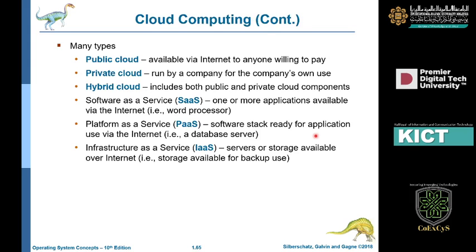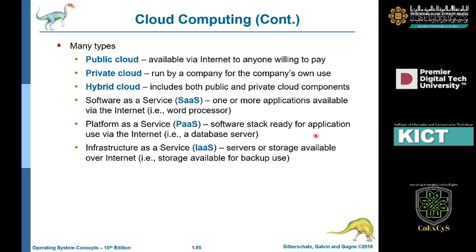So cloud computing basically lets you run servers in the public cloud, and it's available via the internet if you're willing to pay. There are also private clouds that you run on your own, most of the time run by a company for their own use, or a hybrid cloud system, where they have both public and private ones, right? So some of the sensitive data is basically kept private, right?